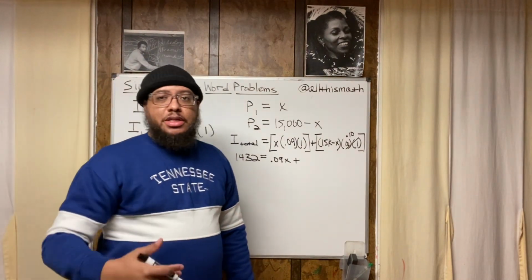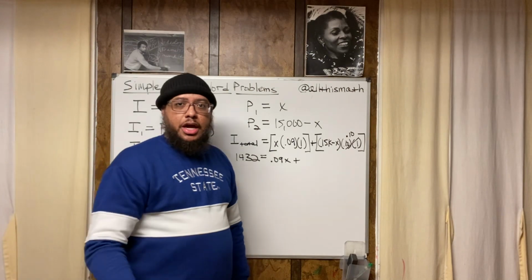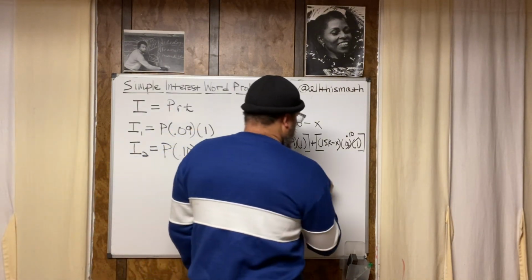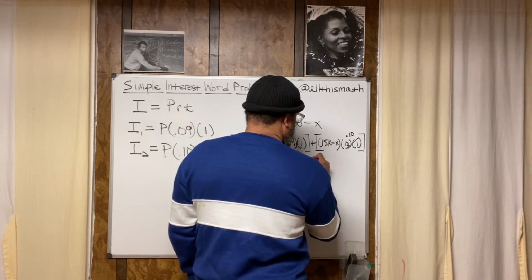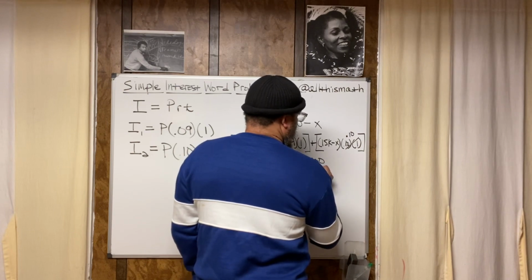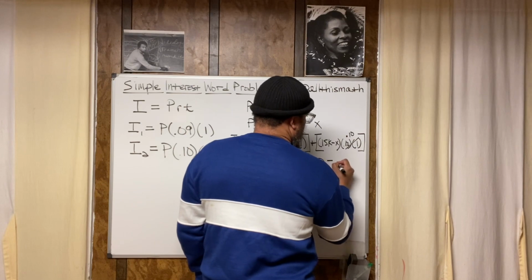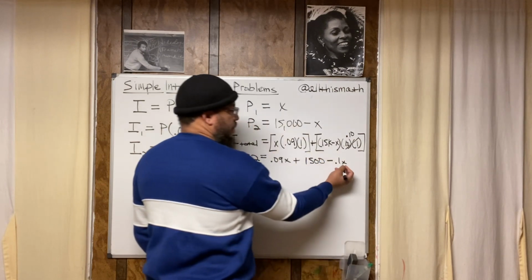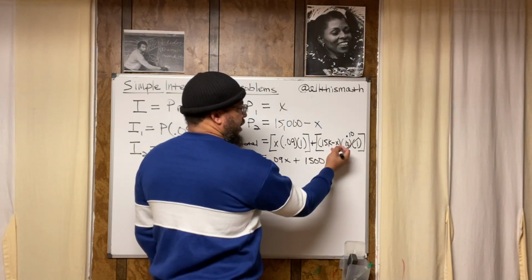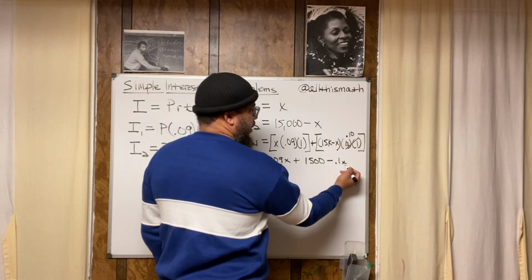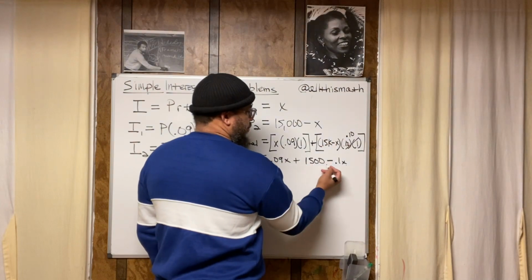Basically, I'm taking 10% of 15,000, which is 1,500, right? So this is going to be 1,500, right? Minus 0.1x. Where did the 0.1x come from? 0.1 times x. And it's negative. Negative x times 0.1 is negative 0.1x. 0.1 times 15,000 is 1,500.